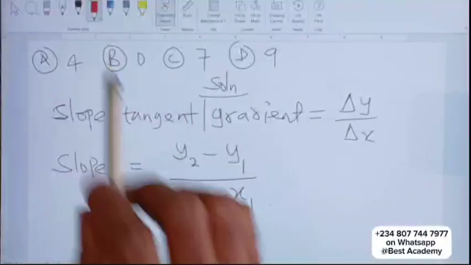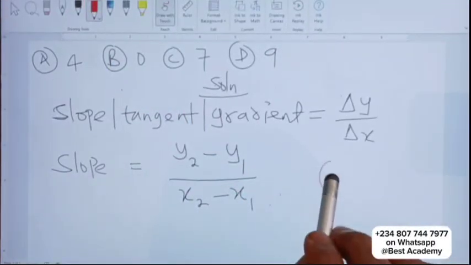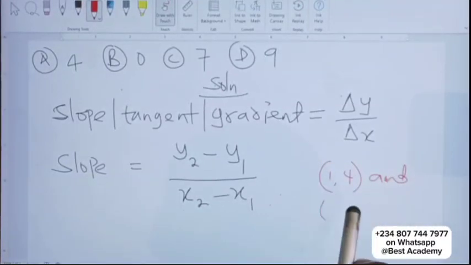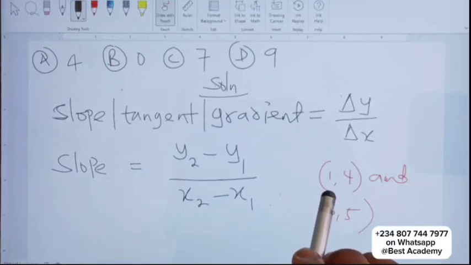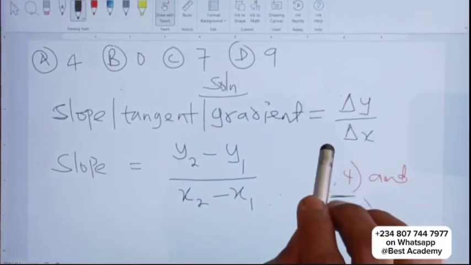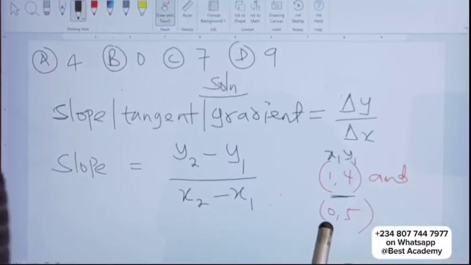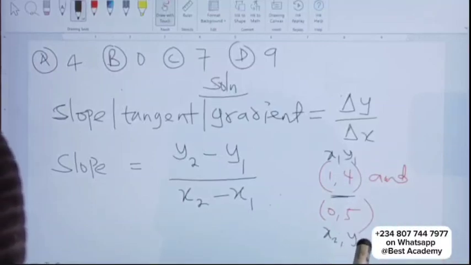So what does it mean here? It means that if I have two points, if I have (1, 4) and I have (0, 5), I can easily calculate the slope here, right? In terms of these coordinates, this one is s1, this one is y1, this one is s2, and this one is y2.